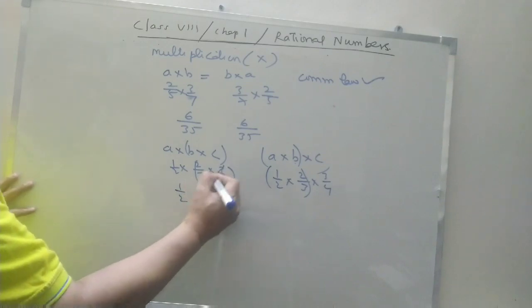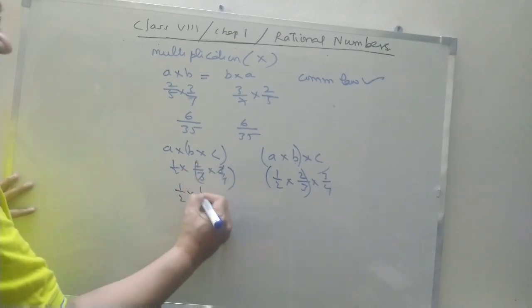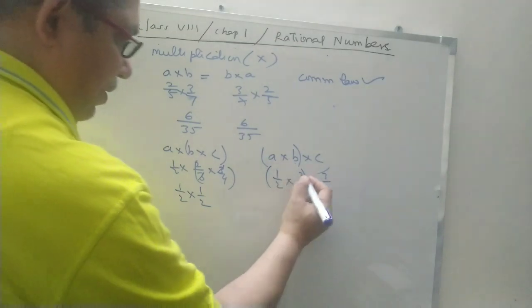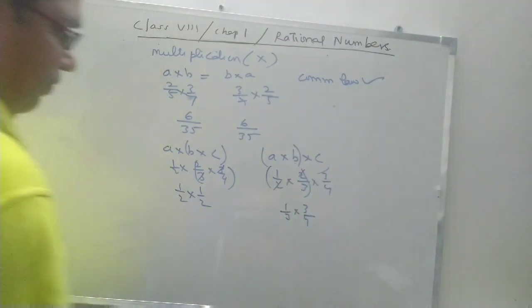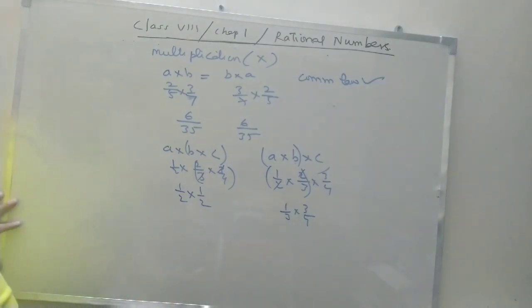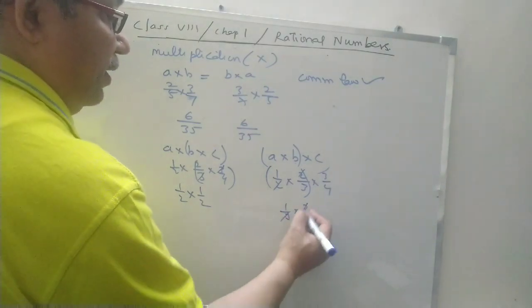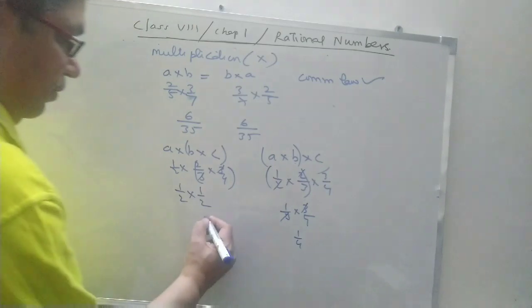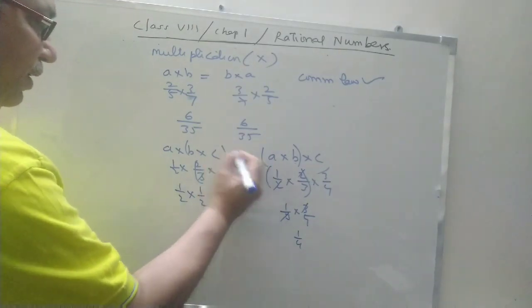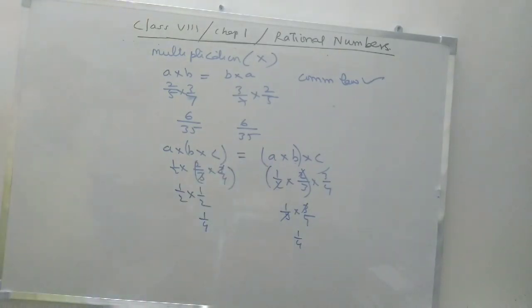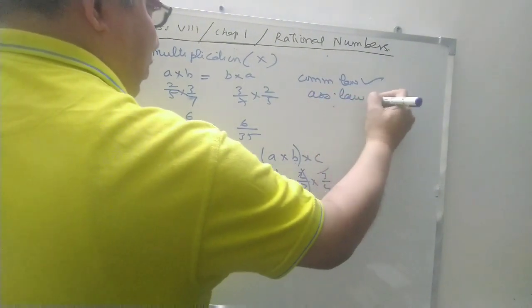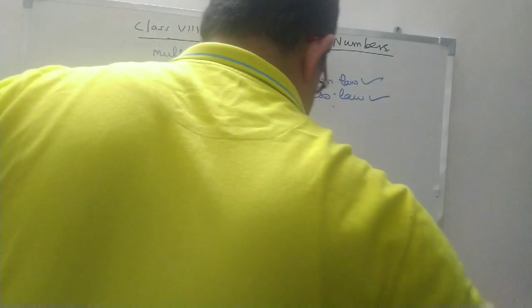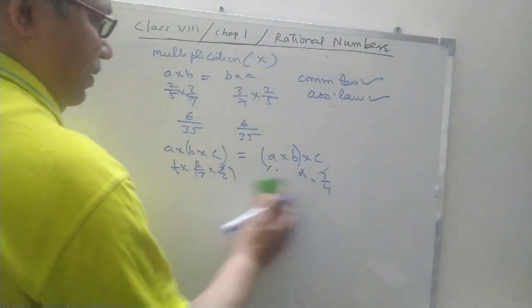First we have to solve it. 3 cancels 3, 2 by 4 becomes half, and here 2 cancels 2, it becomes 1 by 3 into 3 by 4. 3 and 3 get cancelled, this becomes 1 by 4, and this also becomes 1 by 4. Are they equal? Yes, they are very much equal. So you can see associative law also holds.